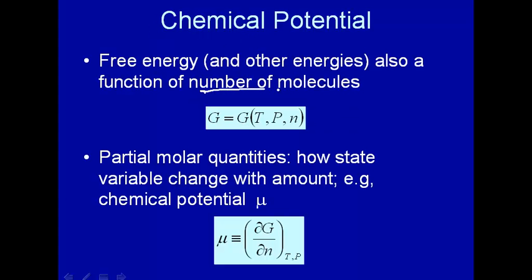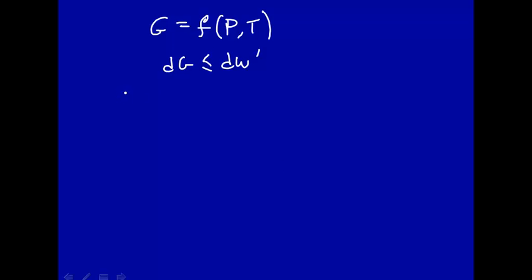number of molecules, or number of moles, n. So free energy now will be explicit. G is a function not only of temperature and pressure, but also number of moles. Okay, so let's go ahead and do that.